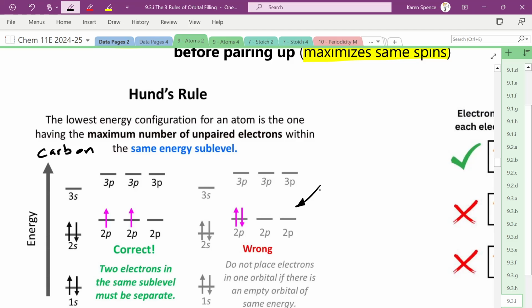Now, it's not that this is an impossible state. It's just not a ground state. Not impossible, just not ground state. So what would it be? If it's not ground state, it would be an excited state.